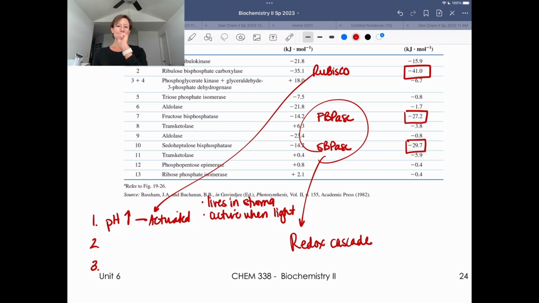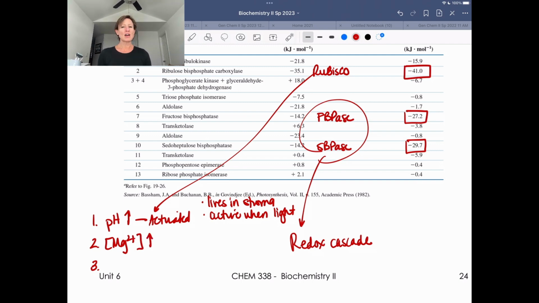Okay, so it has a pH optimum around 8. You don't need to remember that number, but that helps remember that when pH is high, we want Rubisco to be active because we're coupling together those light reactions with Calvin cycle chemistry. Okay, pH is one way that we control. Another way that we control is magnesium concentration.